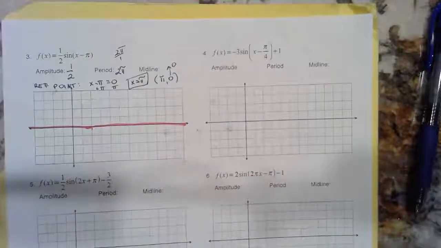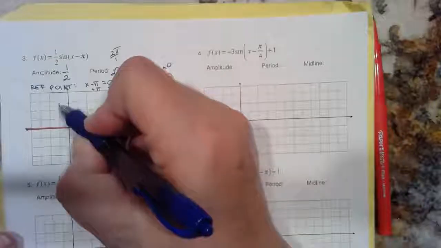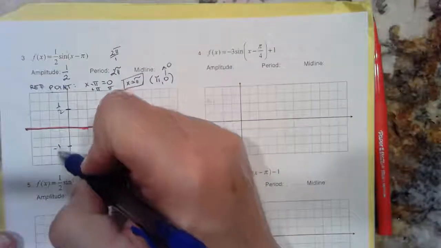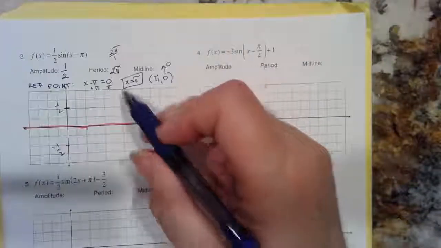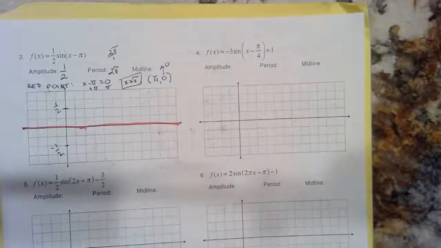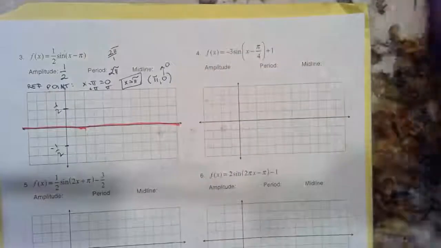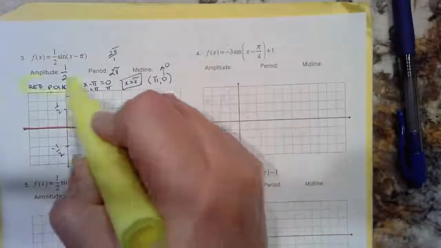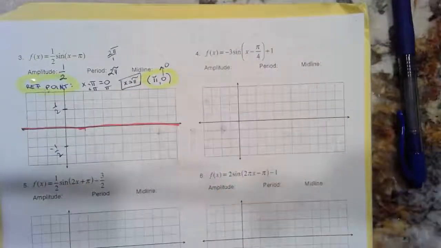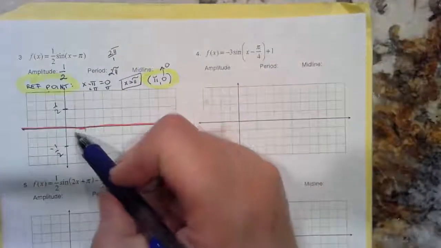Okay, my midline. My amplitude is 1/2, so let's just label this 1/2. This is going to be negative 1/2. Now notice my period is 2 pi, but I need to start at my reference point. So you always want to start at your reference point first. So my reference point is pi, 0.